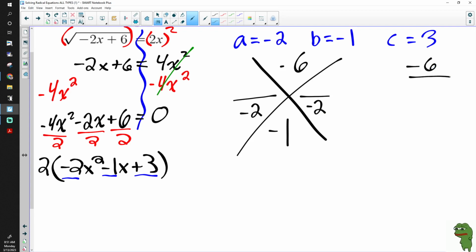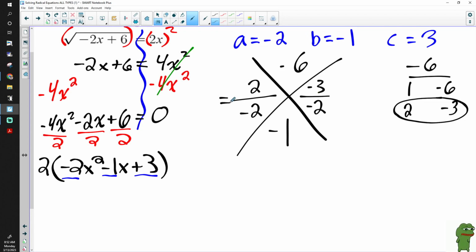The only 2 ways to make negative 6 are 1 and 6, 2 and negative 3, the pair that adds up to negative 1 is 2 and negative 3. Two divided by negative 2 is negative 1.